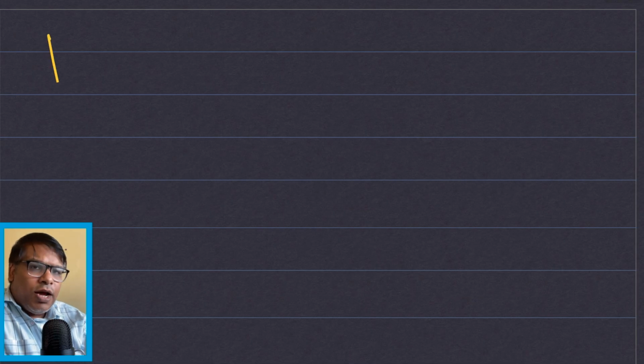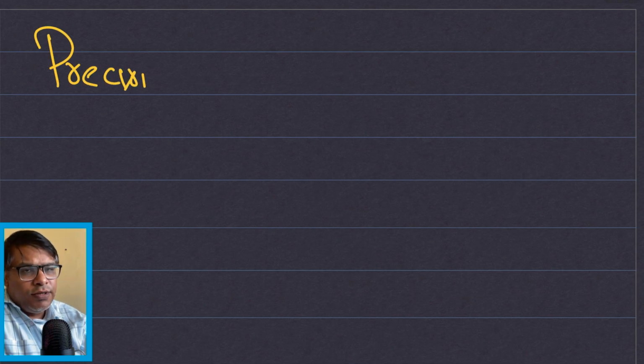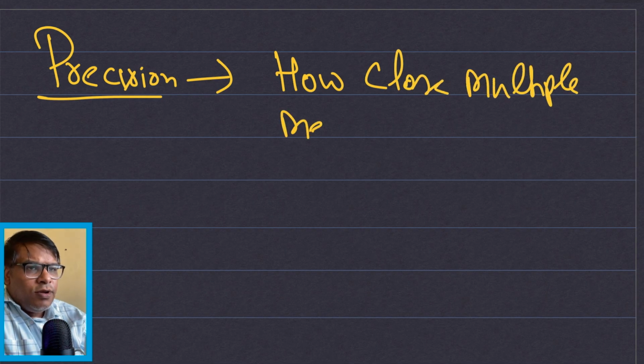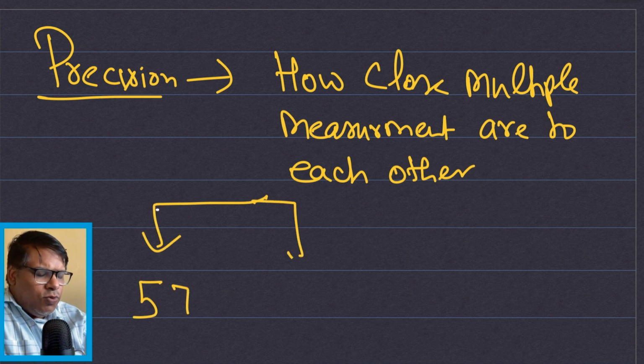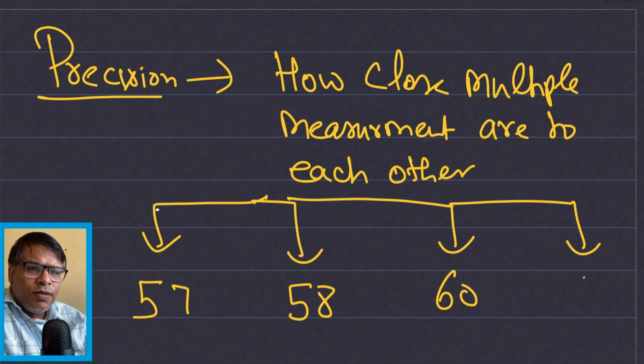Now come to the other point, that is precision. In precision, you tell how close multiple measurements are to each other. Let us suppose you counted the number of dots.